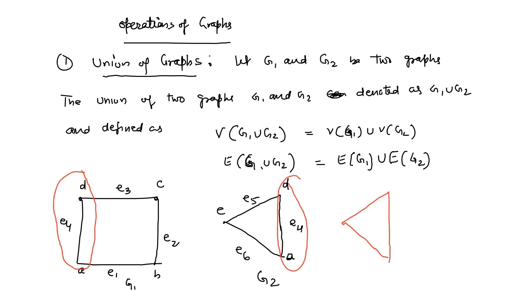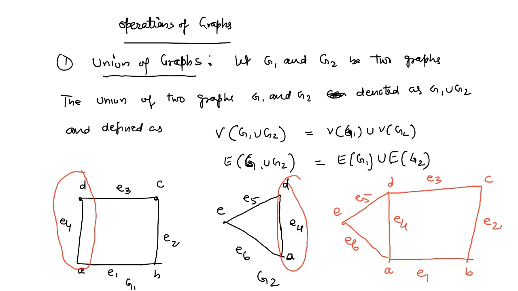You construct the complete graph with vertices A, B, C, D, and E, having E4, E5 and E6, and E3, E2 and E1.